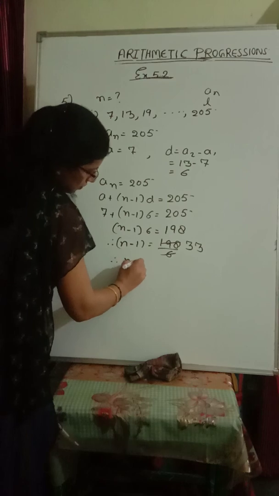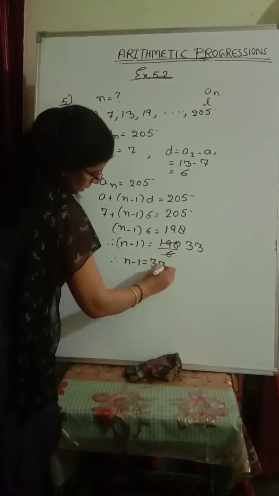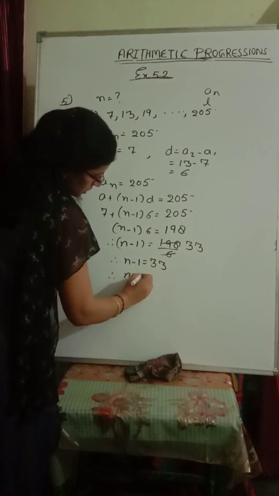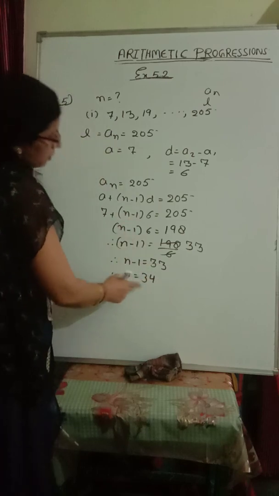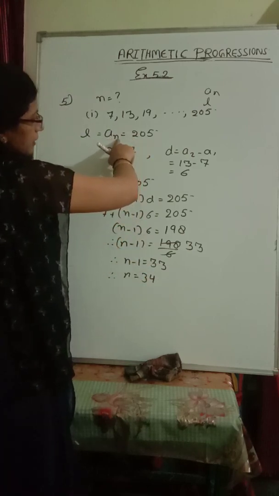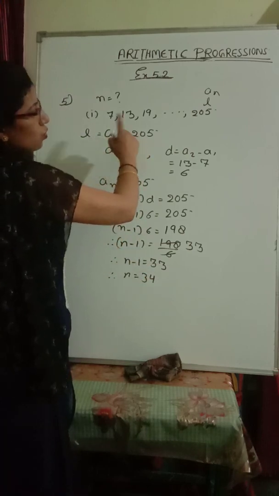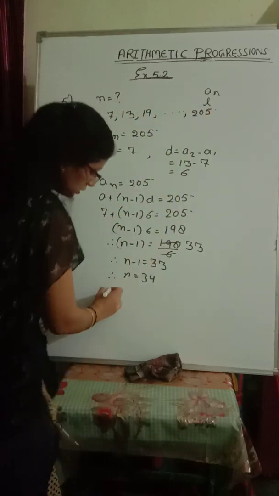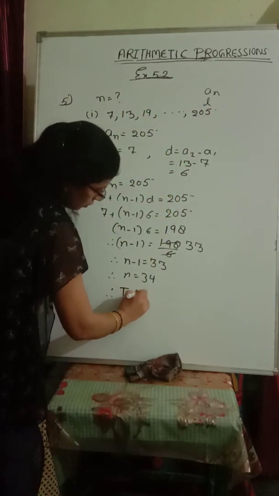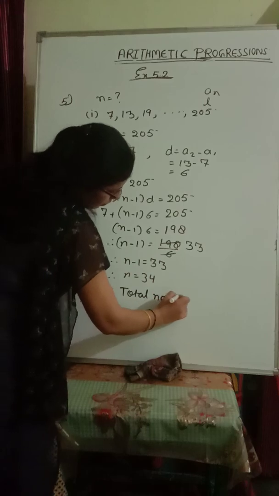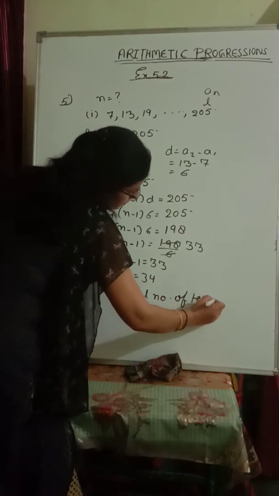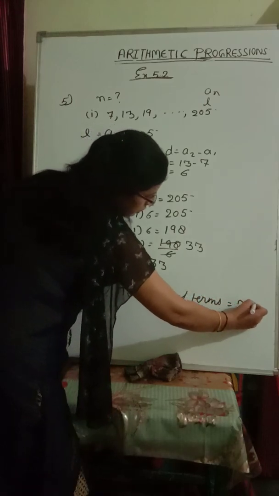So therefore n minus 1 is equal to 33. So this shows n is equal to 34. So n came out as 34, therefore there are 34 terms. The total number of terms is equal to 34.